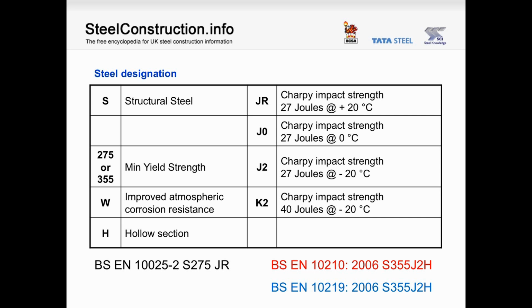At the bottom of the slide we have three specifications. One for open sections in black, one for hot finished hollow sections in red, and one for cold formed hollow sections in blue. A word of warning here. There is sometimes a tendency to abbreviate the specification and omit the standard. On open sections you can get away with this, but if we abbreviate the specification of our hollow section to S355J2H, we're failing to give a critical piece of information that can have significant design consequences.